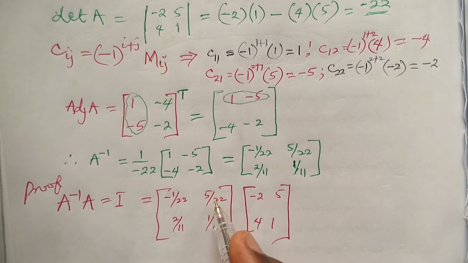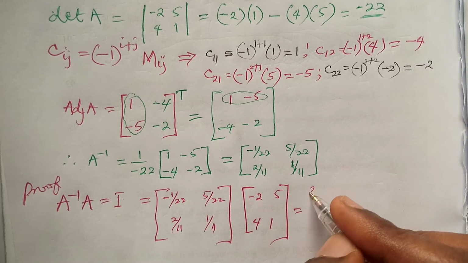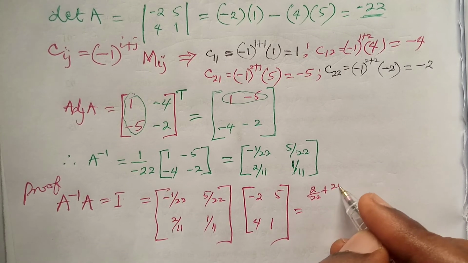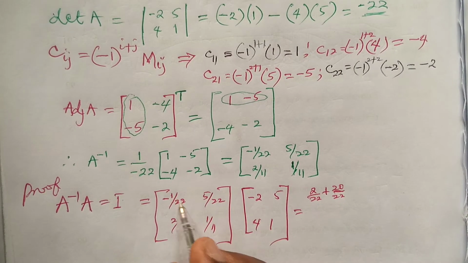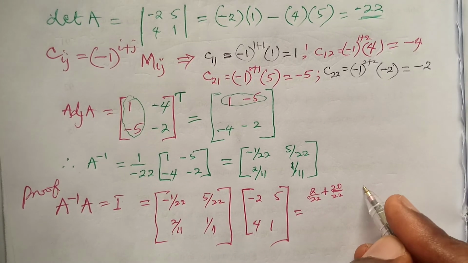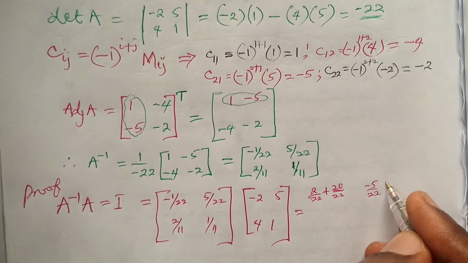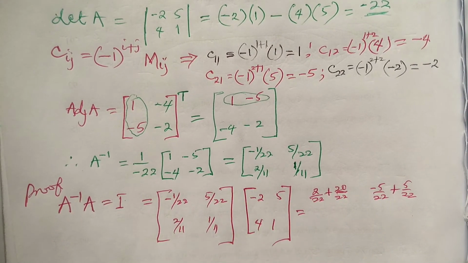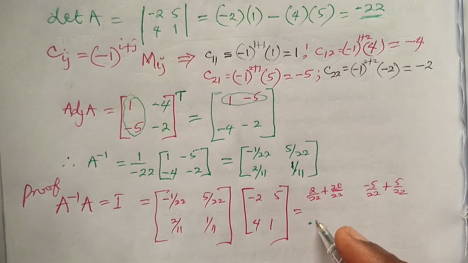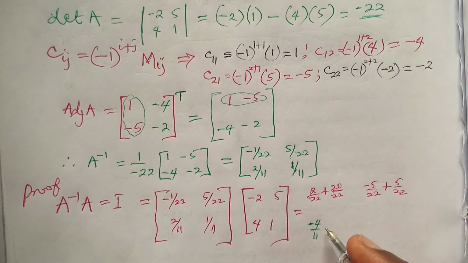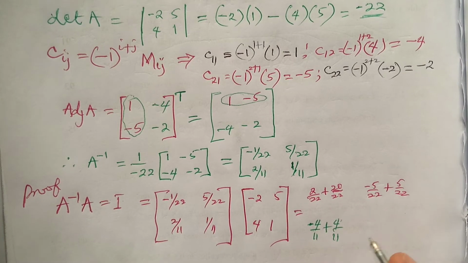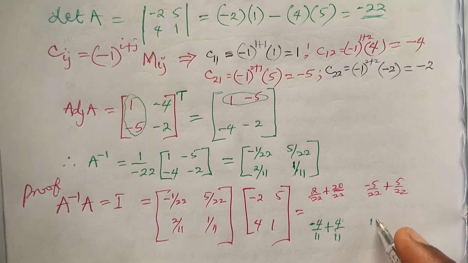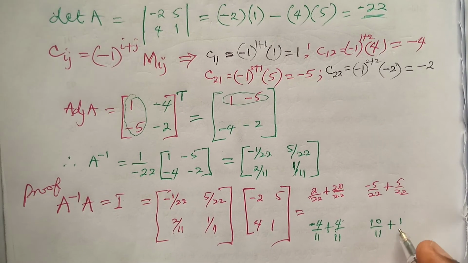Multiplying, we will have 2 over 22 plus 20 over 22, then minus 5 over 22 plus 5 over 22, then minus 4 over 11 plus 4 over 11, and 10 over 11 plus 1 over 11.